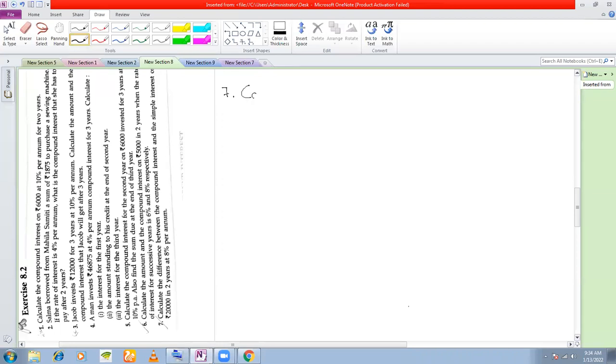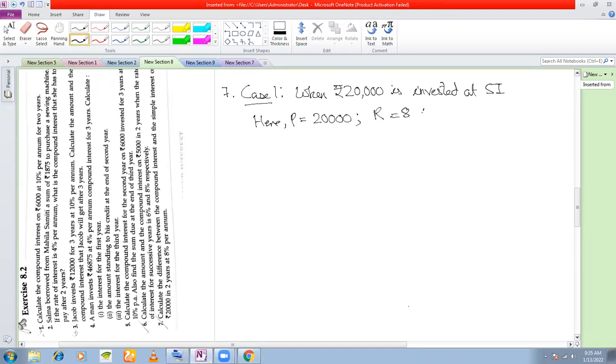Case one is when 20,000 rupees is invested at simple interest. In this case, the principal is 20,000, the rate is 8%, and the time is 2 years.